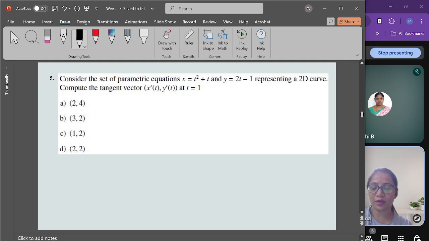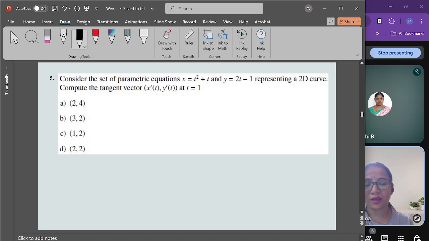So can you tell what our x dash t and y dash t are? It is simply the first derivative of x and y with respect to t, right? Now can you calculate and let me know the answer for this question?